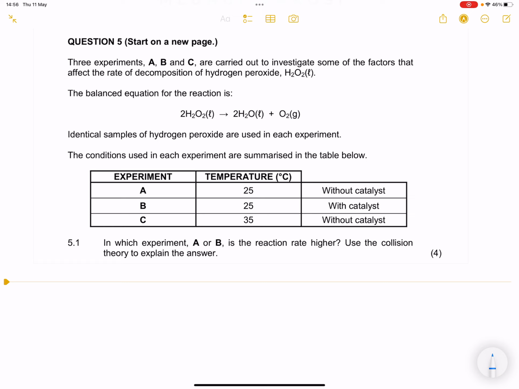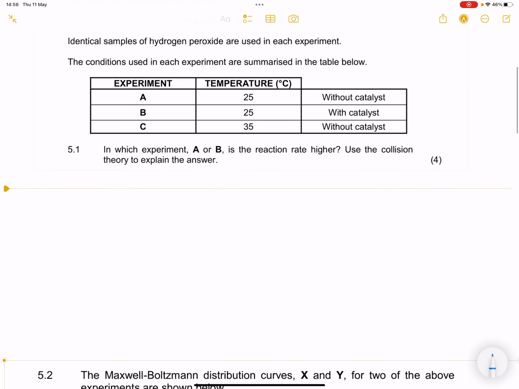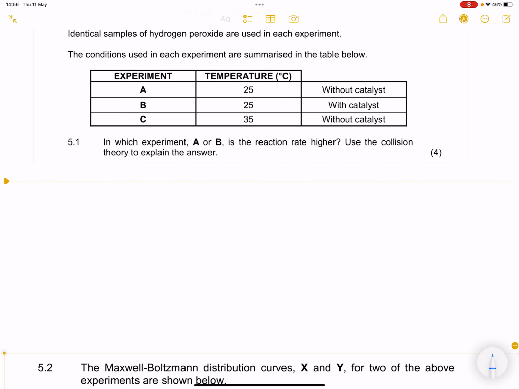Identical samples of hydrogen peroxide are used in each experiment, and the conditions used in each experiment are summarized in the table. Note in experiment A, we took the reaction at 25 degrees without a catalyst, at B, 25 degrees with a catalyst, and at C, 35 degrees without a catalyst.